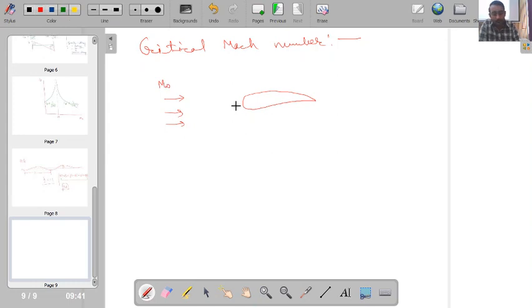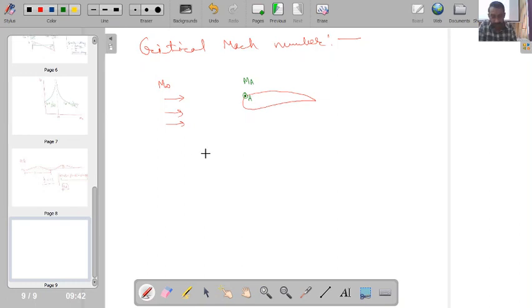I know that in the top portion the flow accelerates. Okay, so when the flow is accelerating, my local Mach number will be increasing. So on this aerofoil, say this point is point A, which is the point corresponding to the maximum acceleration of the flow. At this point only, my local Mach number will be highest. So the value of local Mach number at point A will be highest, if this is the point of maximum acceleration of the flow.